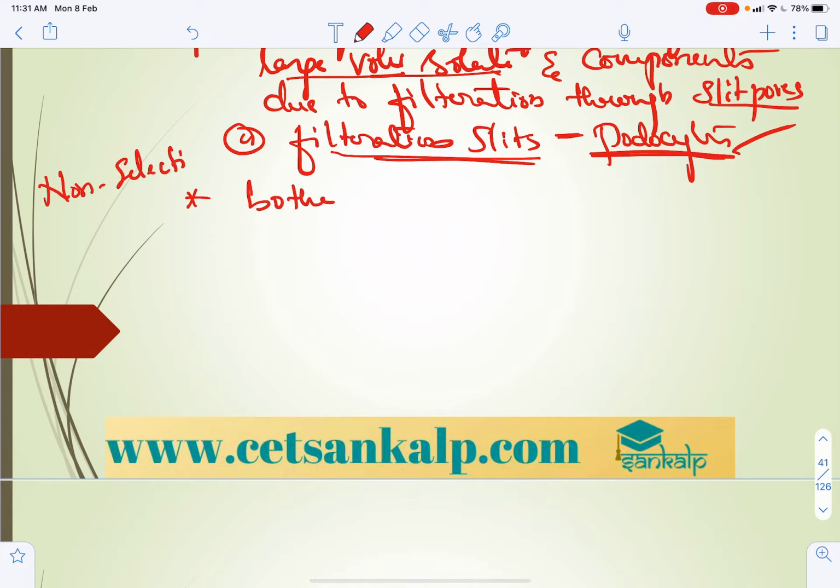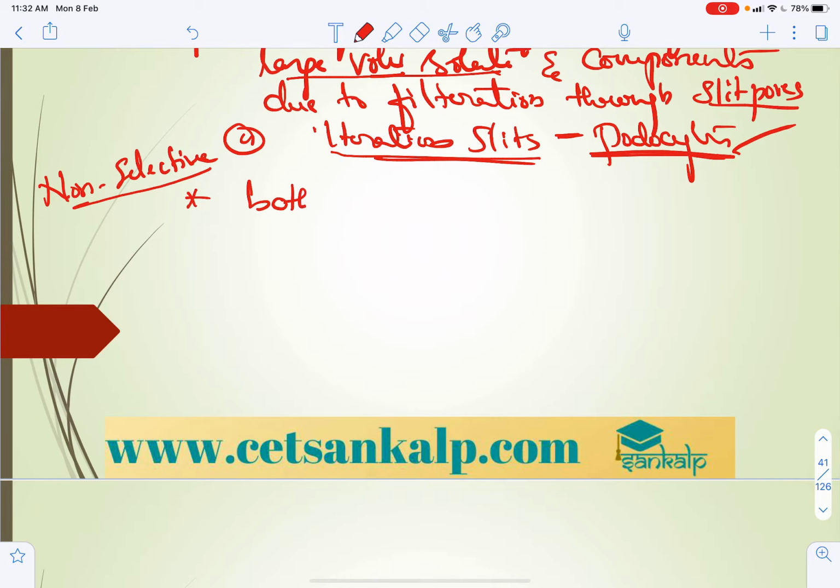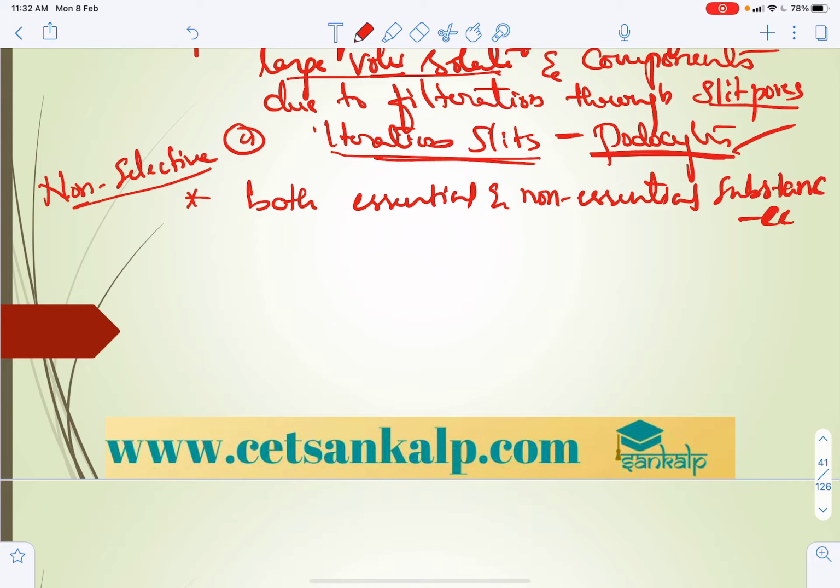It is a non-selective process where both essential and non-essential solutes, or substances, get filtered, hence it is called non-selective.